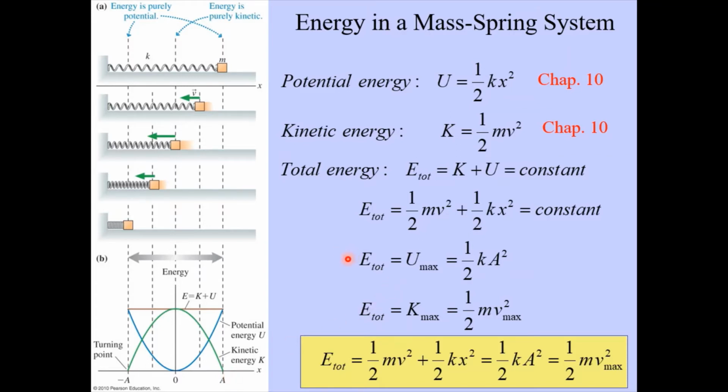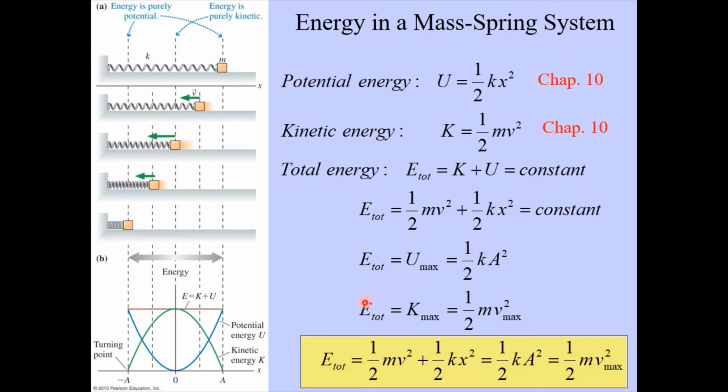So the total energy of the mass spring system is equal to the maximum potential energy, which is just 1/2 kA squared. So if we know the spring constant and we know the amplitude of oscillation, A, we know the total energy of the oscillator.